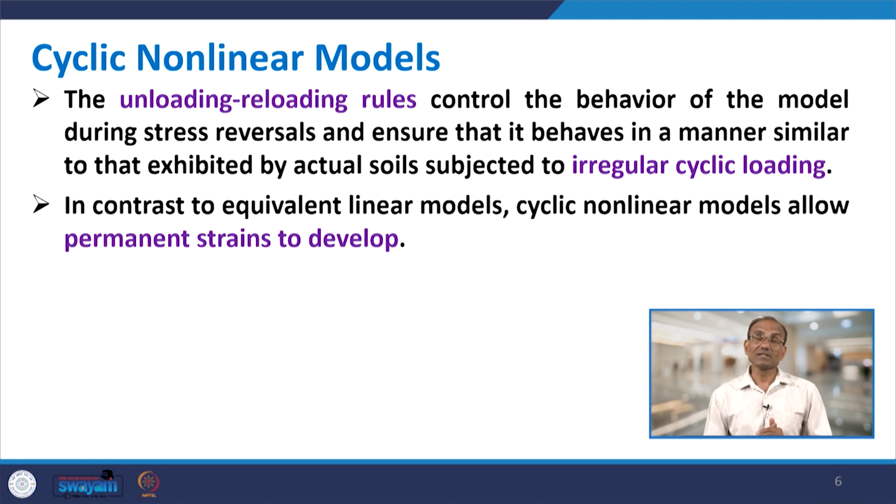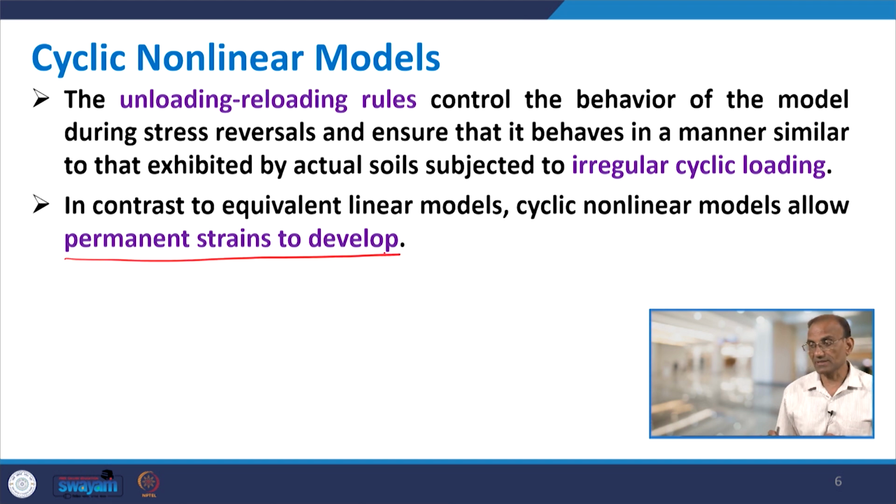All these things are governed by the rules, which try to frame the behavior of the soil element like actual soil behavior. In contrast to equivalent linear models, cyclic nonlinear models allow permanent strains to develop. There are no permanent strains developed in equivalent linear models. However, in cyclic nonlinear models, there will be development of permanent strain.